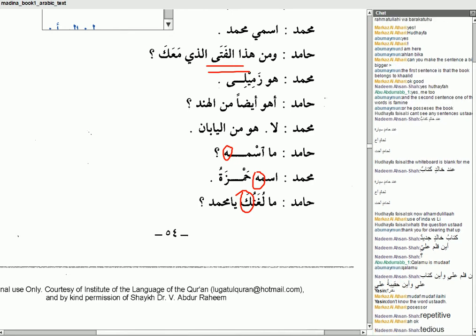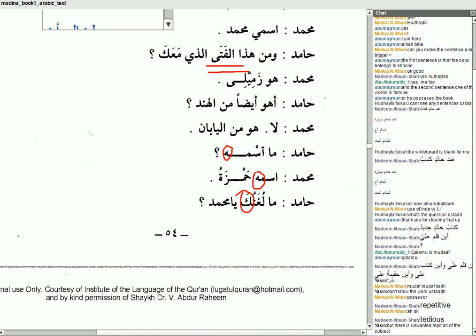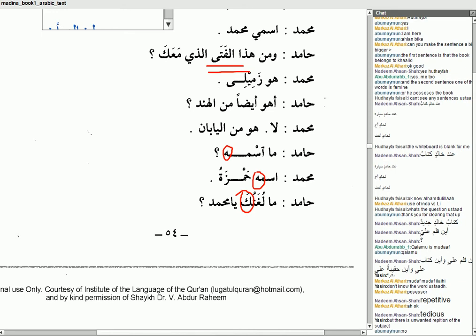Maybe it's tedious, maybe it's repetitive. Do we have to keep on saying his name? Where is Ali's book? Where is Ali's pen? Where is Ali's bag? Where is Ali's jacket? Ah, thank you very much. Unnecessary, unwanted repetition of the subject.